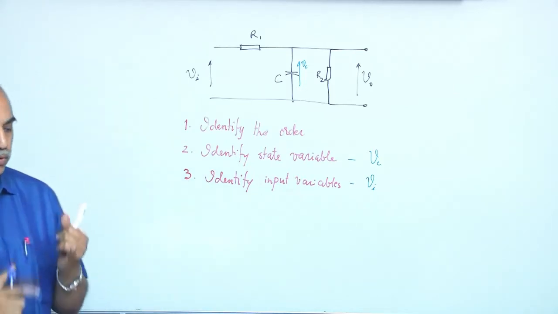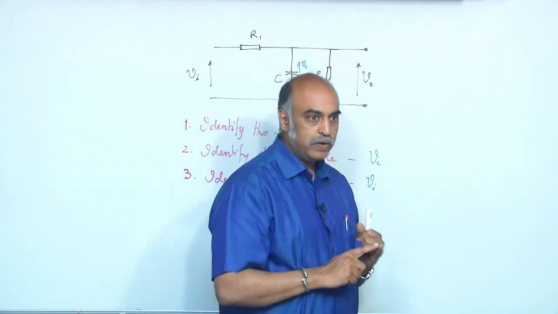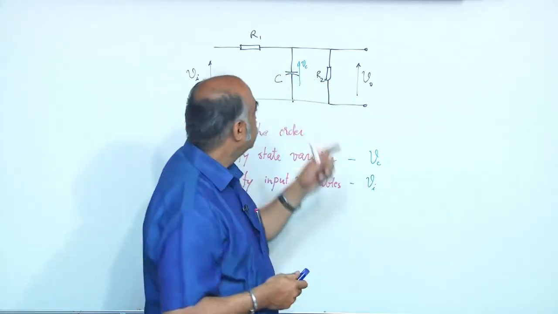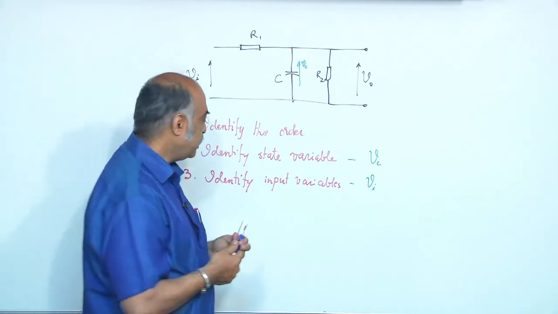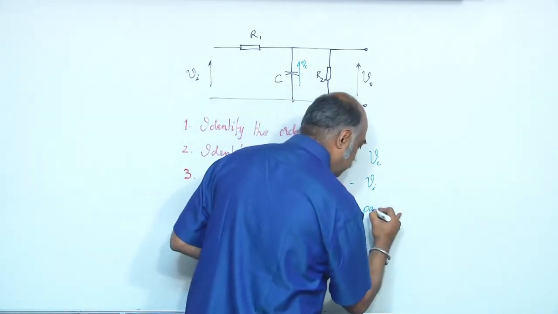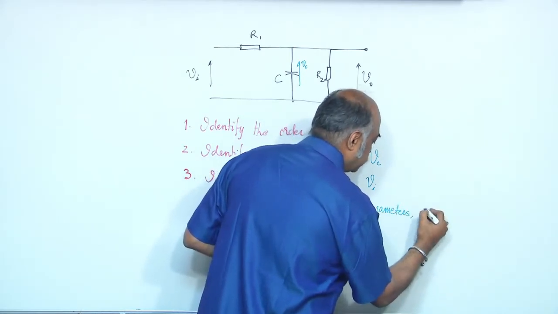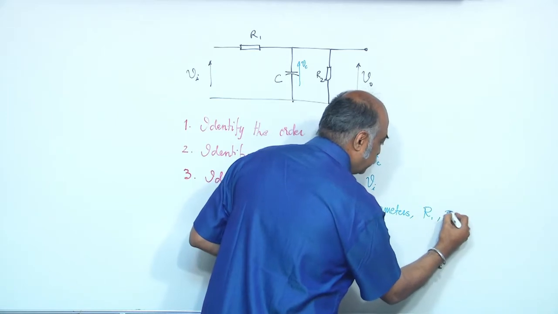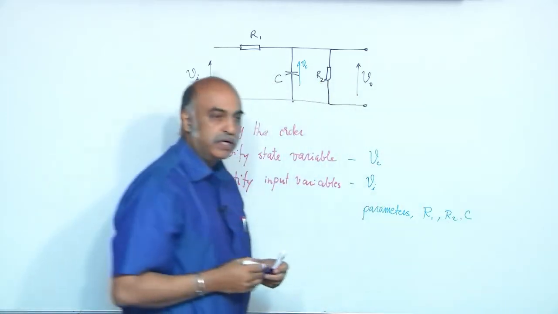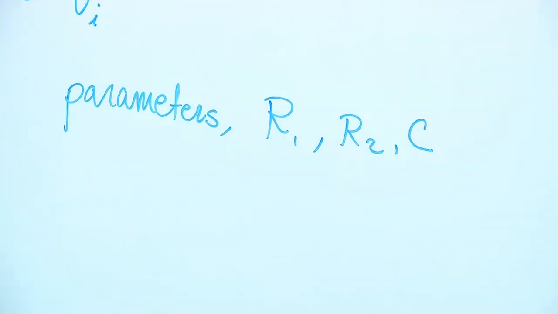So, you need to use only these variables: state variables, input variables, and the fixed parameters of the system, like the R1, R2 values of the components. In the mechanical domain it would be J, the inertia, and B, the friction.